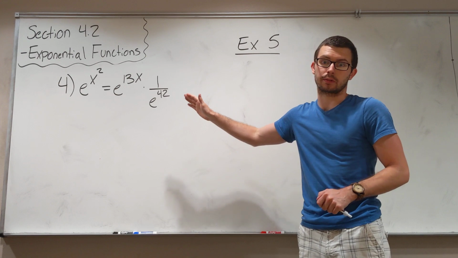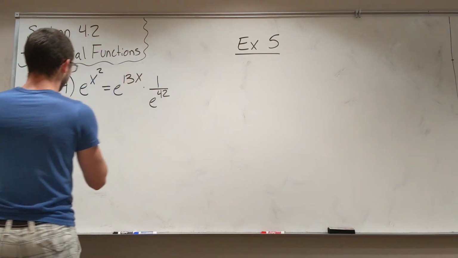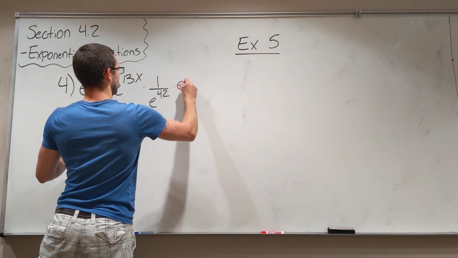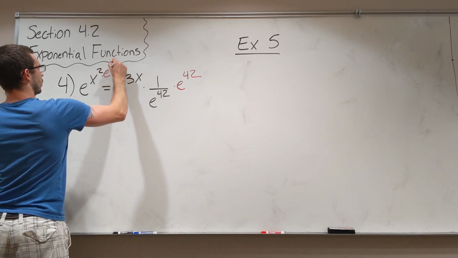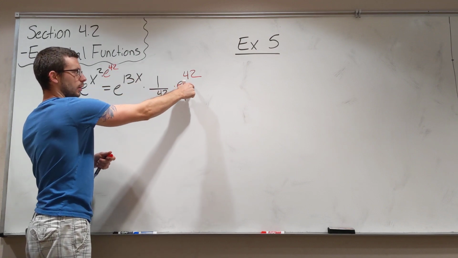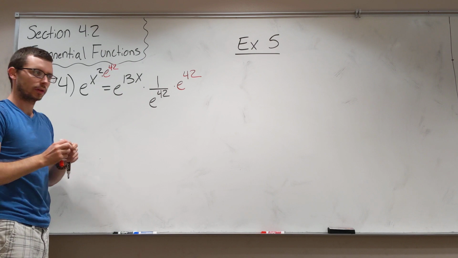I do see a fraction here. And whenever I see a fraction, I think about multiplying both sides by the denominator. This here is all one term, so it only gets 1 e to the 42, because this is multiplication.